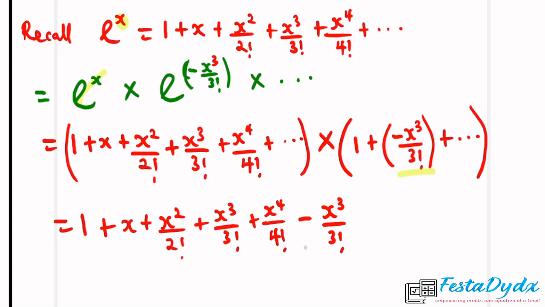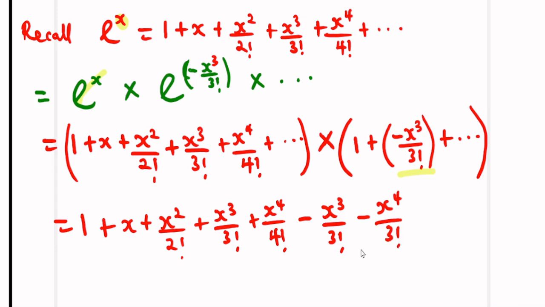That should give us minus x to the power 4 over 3 factorial. We're going to stop here because if I do x squared over 2 factorial times minus x cubed over 3 factorial, we'll multiply the indices, x squared times minus x cubed. That will give us minus x to the power 5. Now it has exceeded n greater than 4. So we are stopping here, but then we have to bring in our plus dot dot dot.